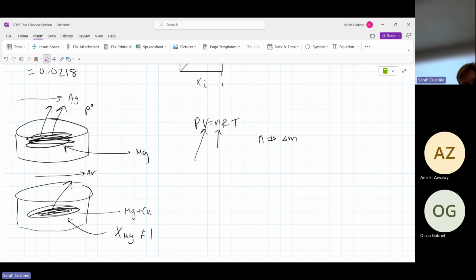That's another way we can think about it: what is this volume in relation to the amount of moles we have? In this case, volume comes from another gas. Yeah, because it's almost like there's an external system. Because the copper doesn't leave, it doesn't have a pressure. It's argon that has the other pressure. Yeah. But then the mole fraction of argon is still much bigger than magnesium when magnesium goes into that overhead system.